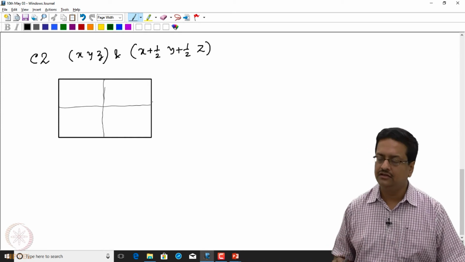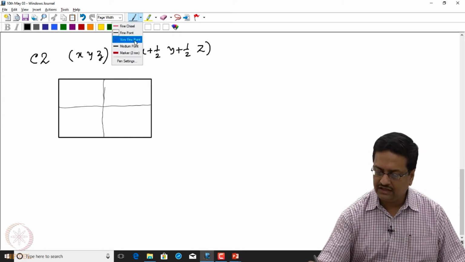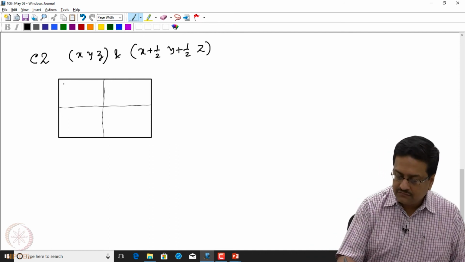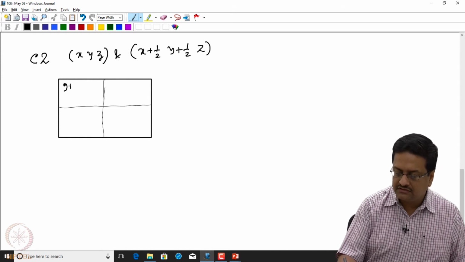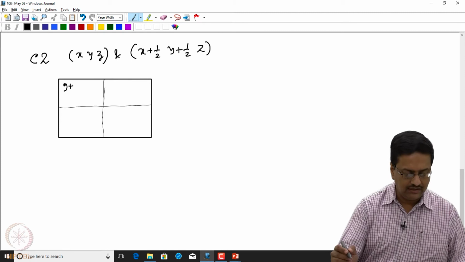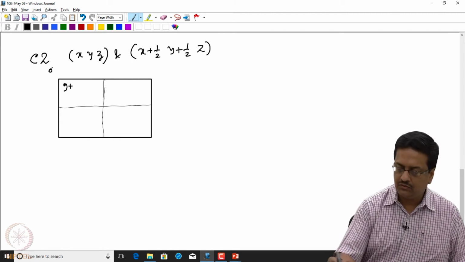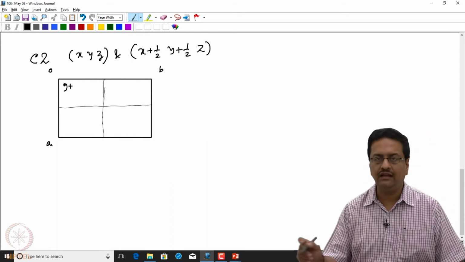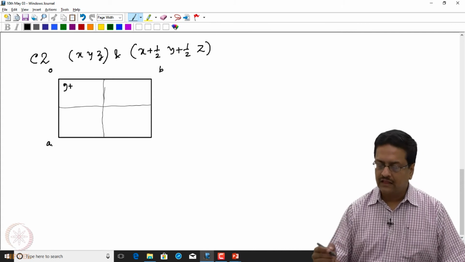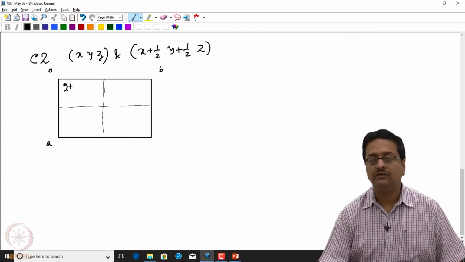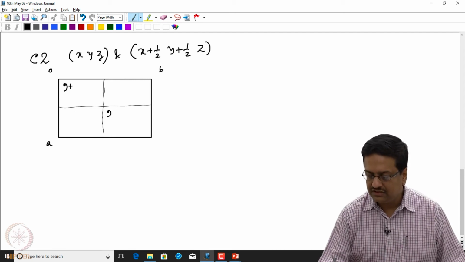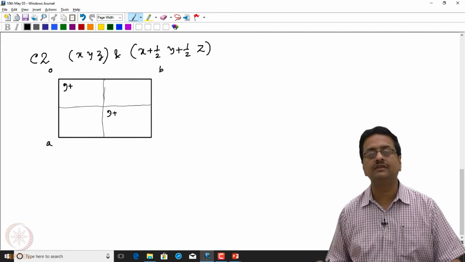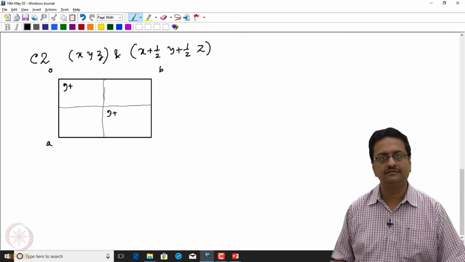I am just dividing the unit cell into 4 parts so that I can place the C center point at the correct location. So if this is the original point and I start with O, B and A as I am drawing here, OB is from left to right and OA is from top to bottom. So when I am going to write the C point, it is half along A and half along B, it comes in the middle of the unit cell. So this is a C lattice.